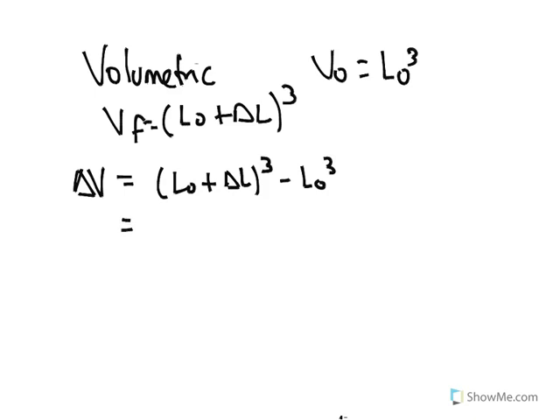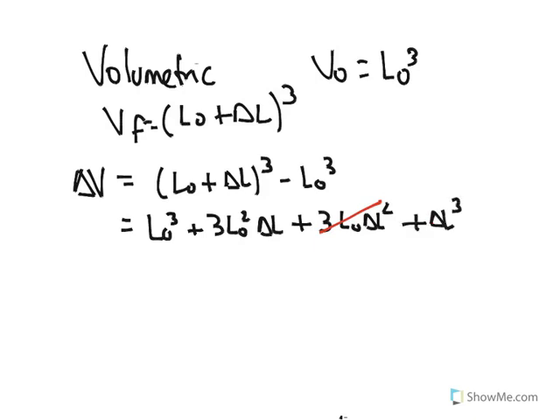If we develop all the terms, we end up with initial length cubed plus 3 initial length squared delta L plus 3 initial length delta L squared, which is negligible, plus delta L cubed, which is even more negligible, minus what we had from before. We end up with delta V equal to 3 initial length squared delta L.